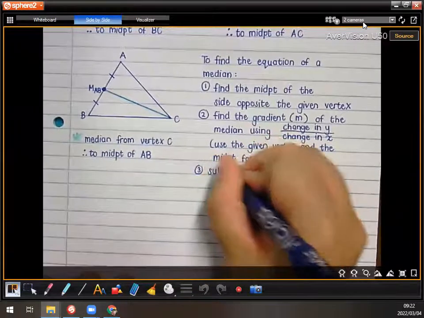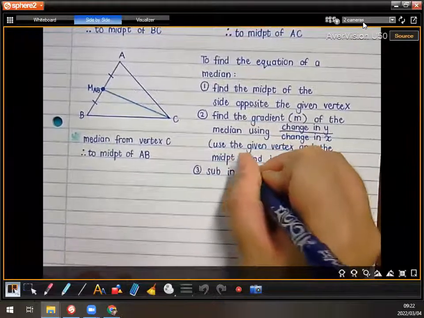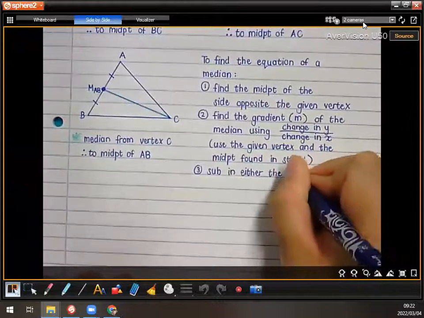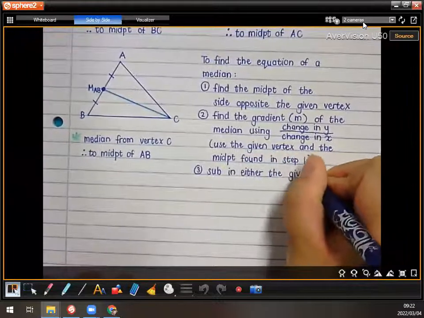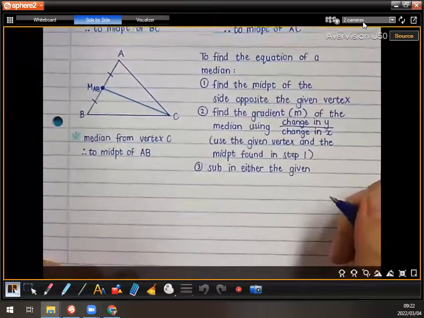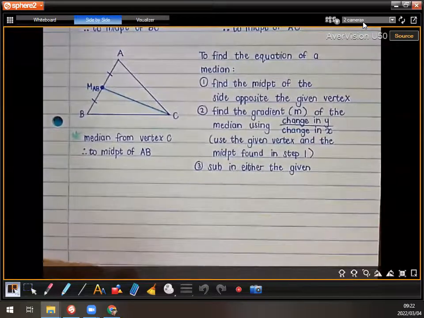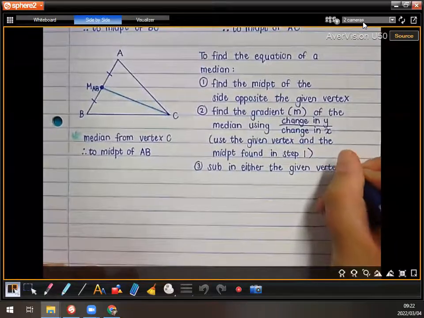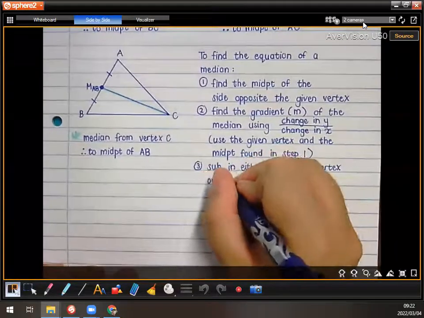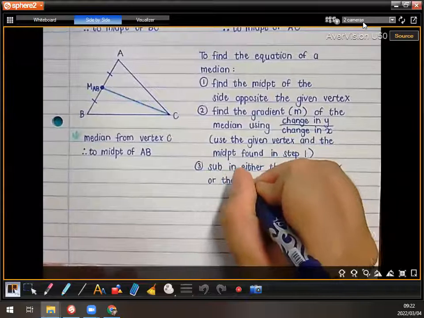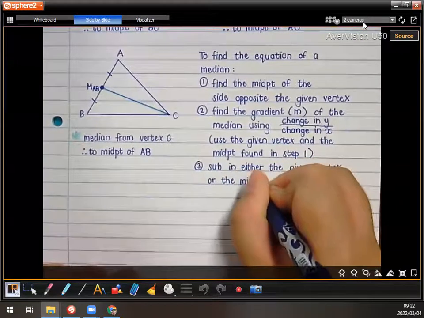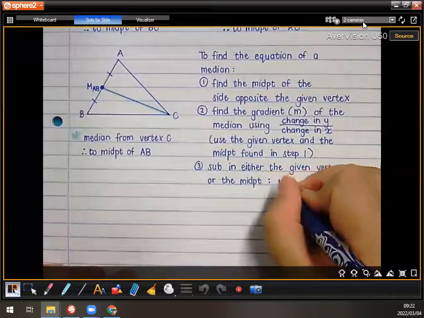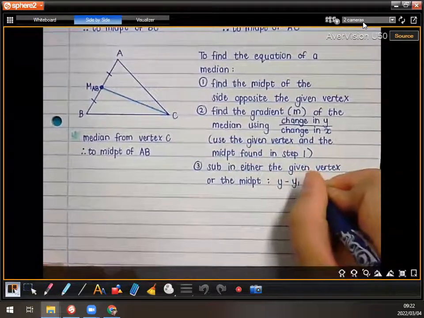Sub in either the given vertex, and you can decide, guys. Sometimes one of the points has simpler values to work with, but you can decide which one you want to use, either the given vertex or the midpoint, and we're going to sub it into this formula.